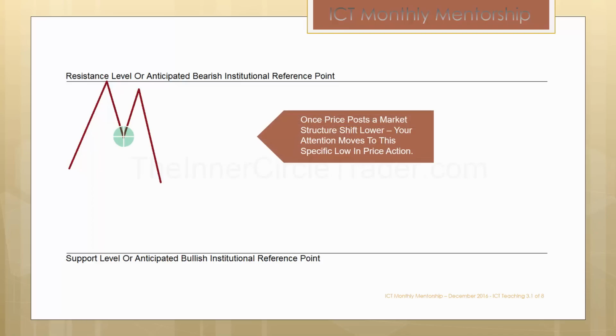Once price posts a market structure shift lower, your attention as the trader moves to this specific low in price. Inside that low, what we're going to be focusing on is the last down candle, because the last down candle is where the buying took place right before that little short-term rally up.